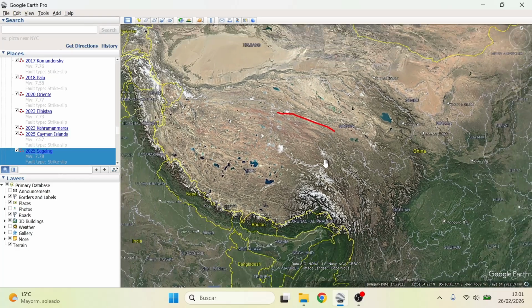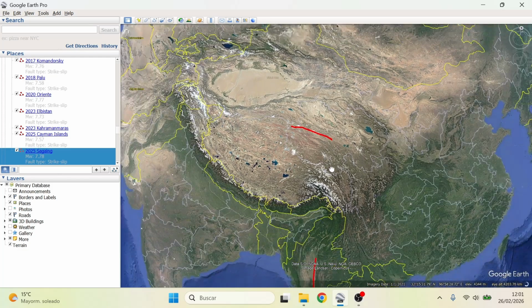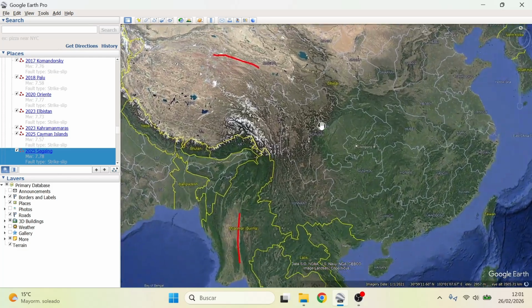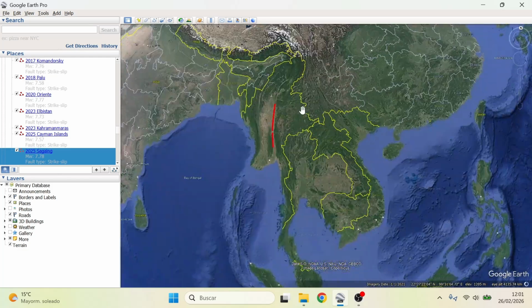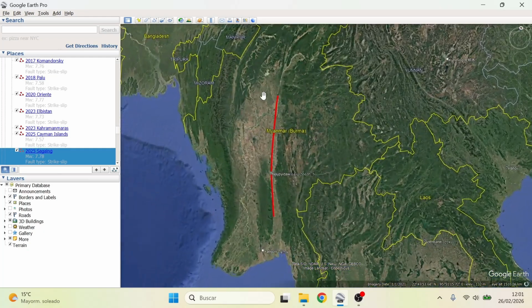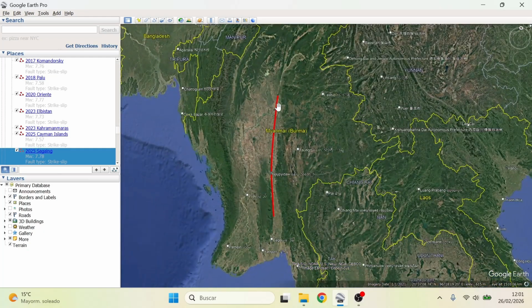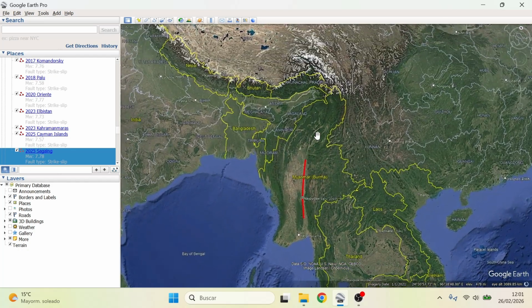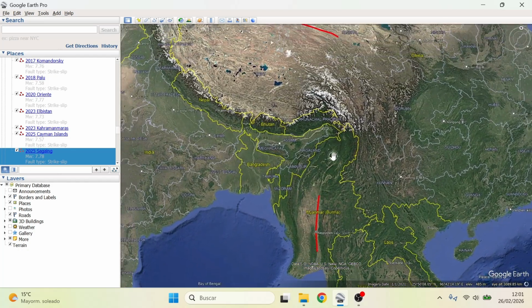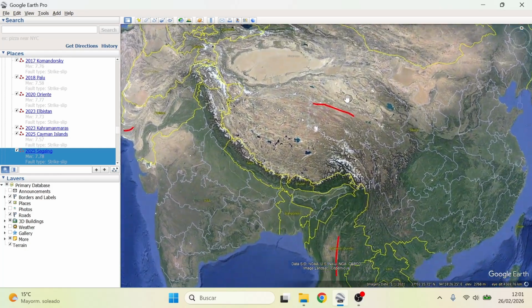The tectonic complexity can be quite relevant. There are many things in this region, that it's not just the strike slip fault line, and so on.